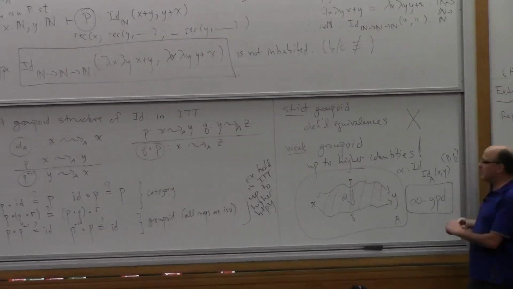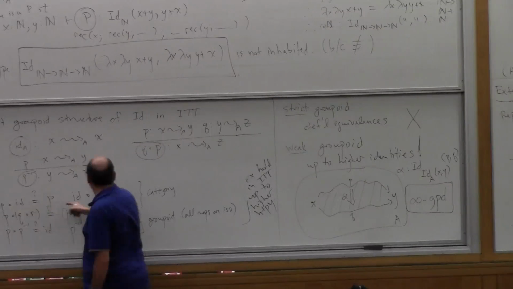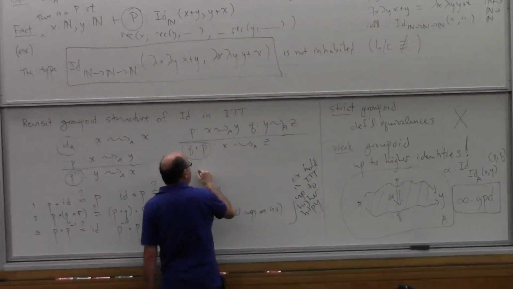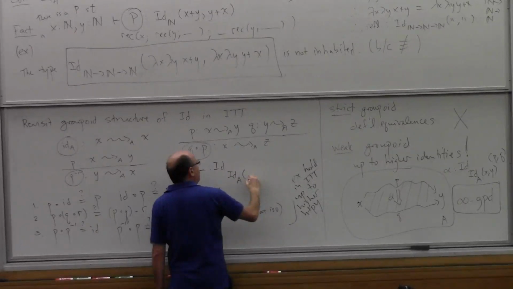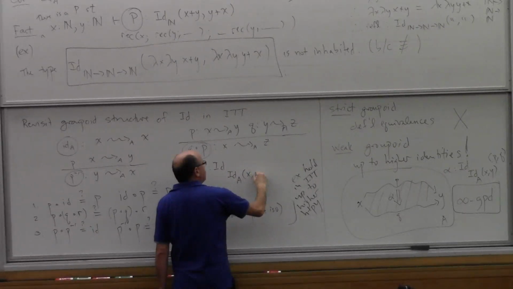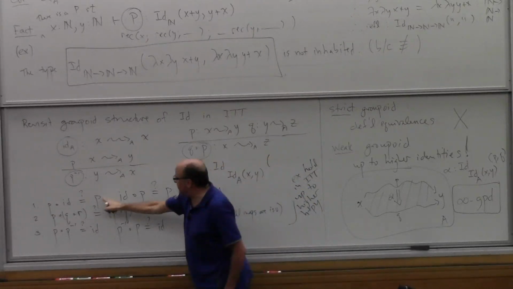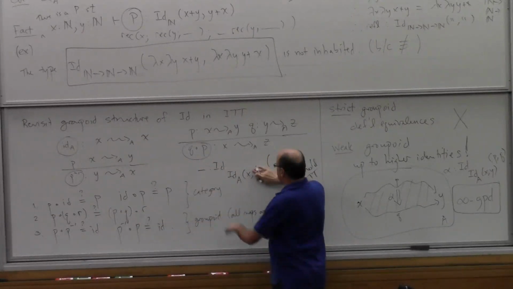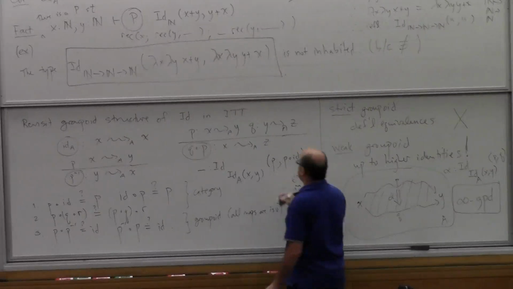The statement. Well, the statement would be, you have to look. So if you pick one of these equations, I'm going to want to find an element of the identity type in A between, these are paths from X to Y for some X and Y. I have to figure out what those are by giving the types that they have to be. So that one is probably going to be X to Y between P and P composed with identity.